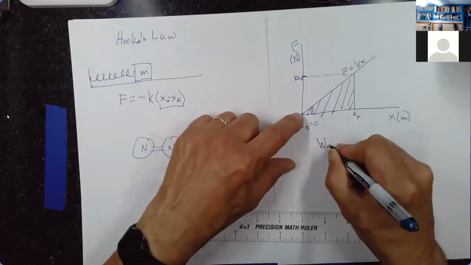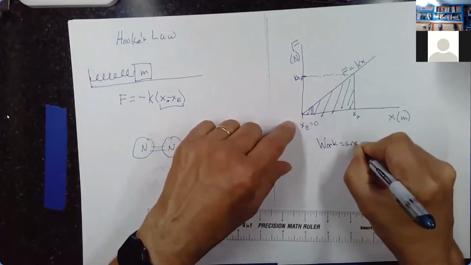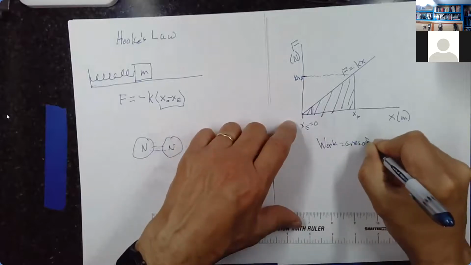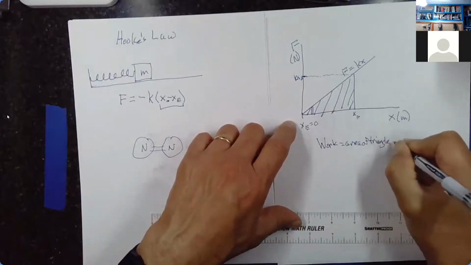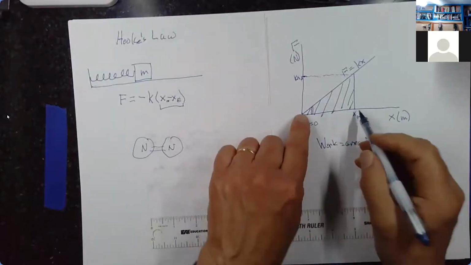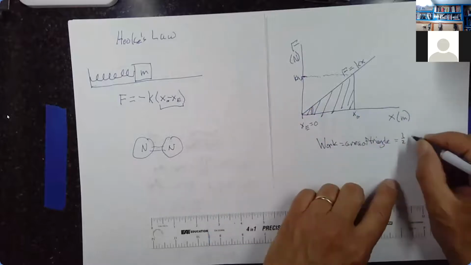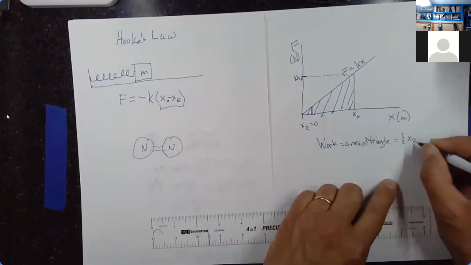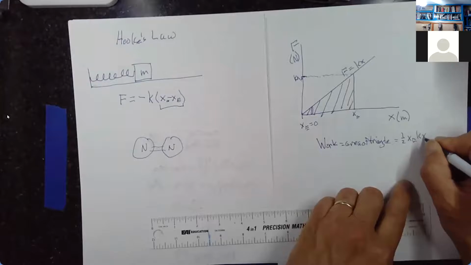So the work by us is going to equal the area of the triangle. It's 1/2 the base, which is x final, times the height, which is kx final.